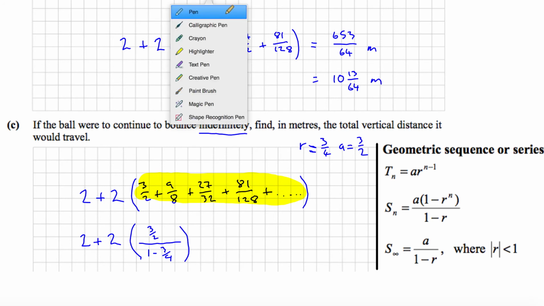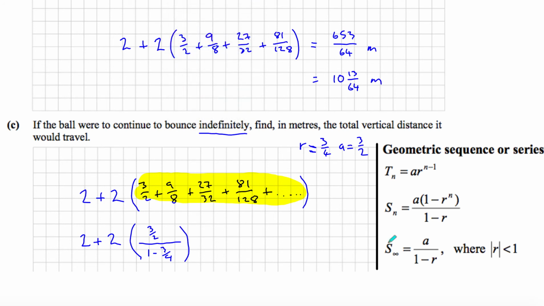So again, just to be clear, I'm going to highlight these values here. The a is this here, and I've substituted it in here. And the r value is the 3/4, the common ratio, which I've substituted in here. And remembering that it's only this part of the brackets that is being treated as a geometric sequence.